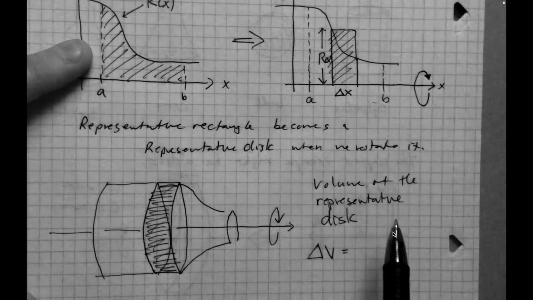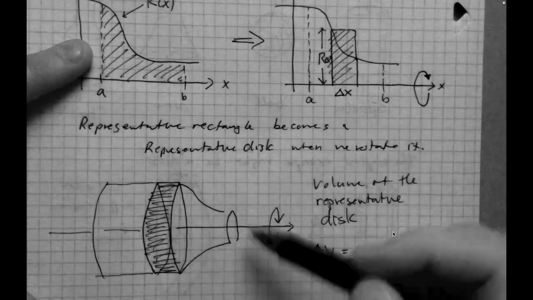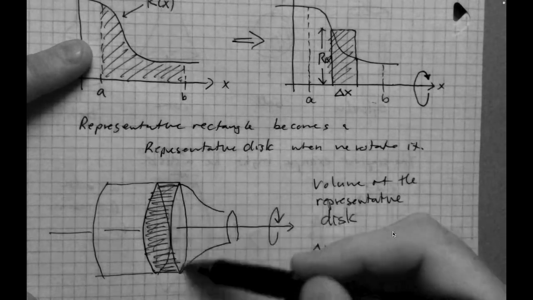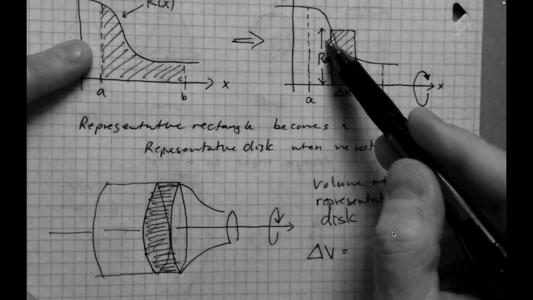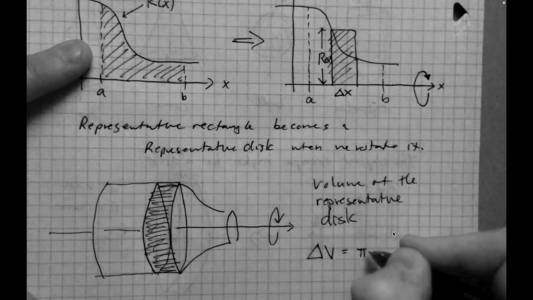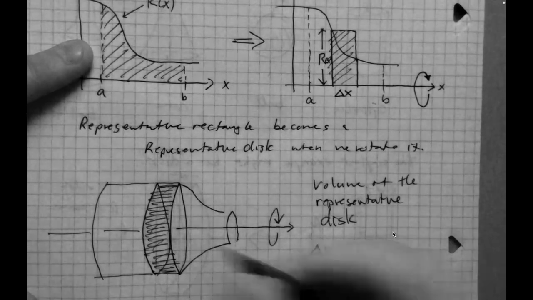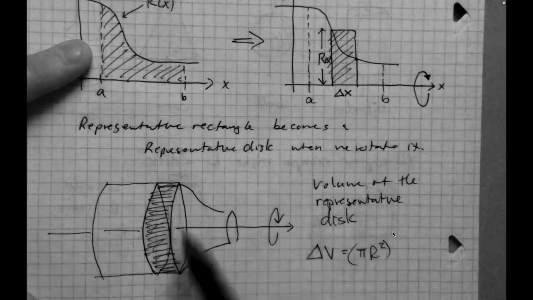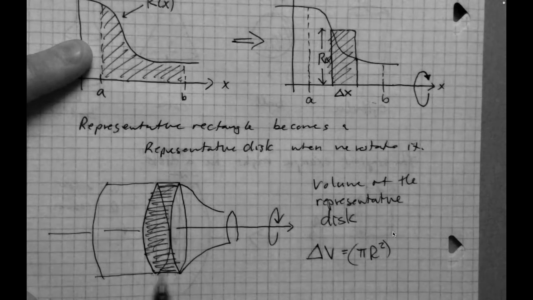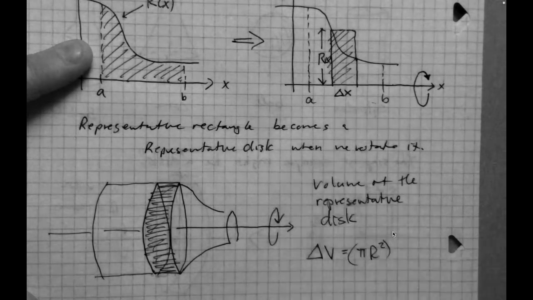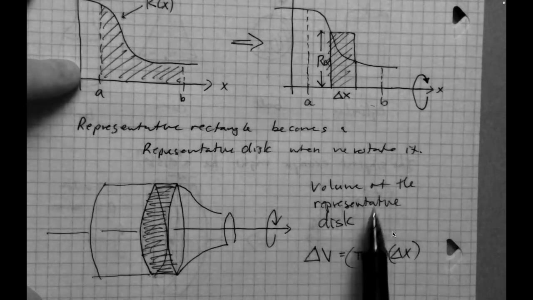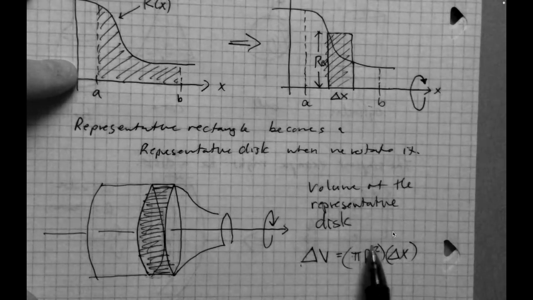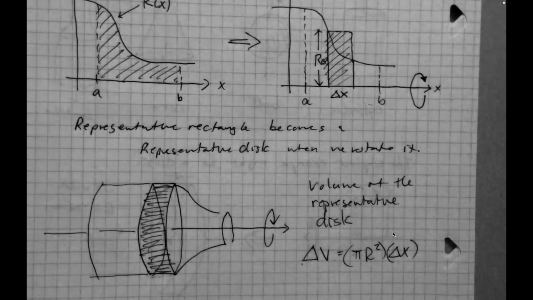You can think of it as the area of the circle that's swept out, which has radius r, right? So it's going to have pi r squared in it. That's going to be the area of one piece of this, and then times w, right? Well, in this case, it's delta x, right? So the representative disk will have a volume of pi r squared times delta x, okay?